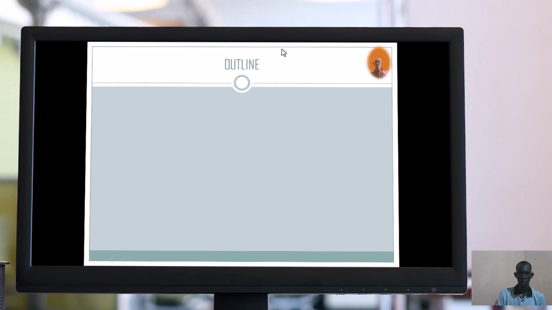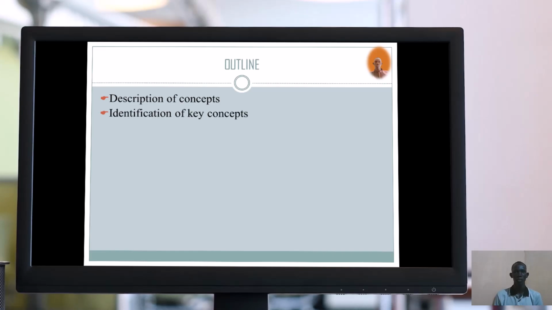These are the key things we're going to be looking at in our outline. Number one, a description of the concept of search strategy. Then we look at identification of key concepts, then selection of search terms.